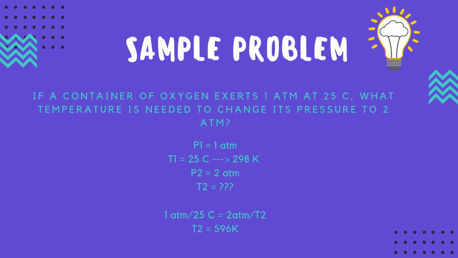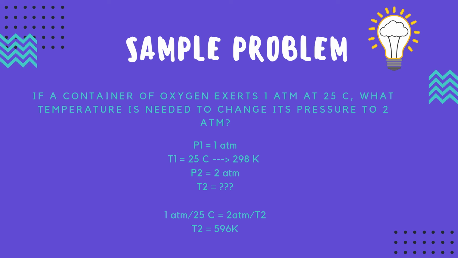Let's start. So, first thing you need to do is to convert your temperature from Celsius to Kelvin. To do that, you simply add 273 to your given Celsius. So, you do 25 degrees Celsius plus 273, which gives you 298 Kelvin. Next, substitute the variables to the equation, then do the math.